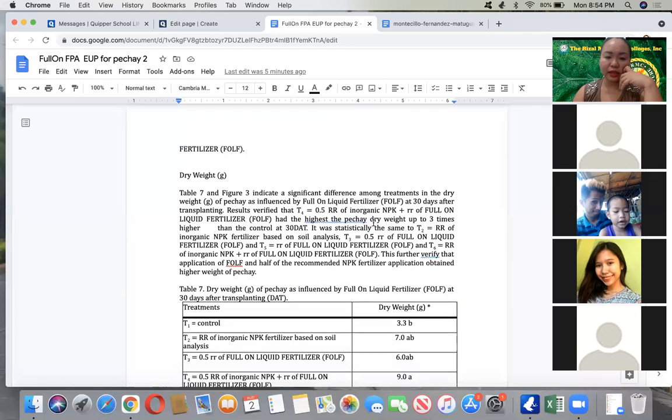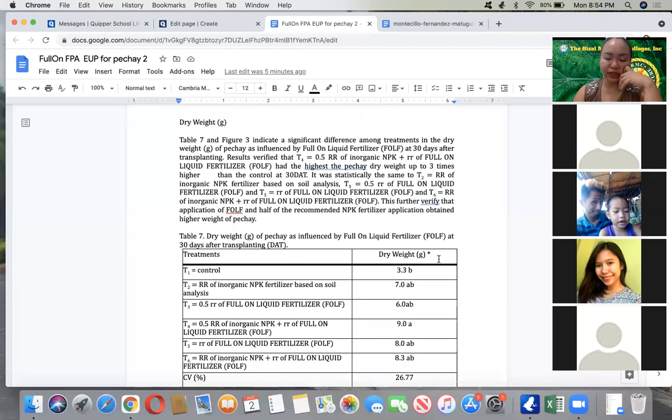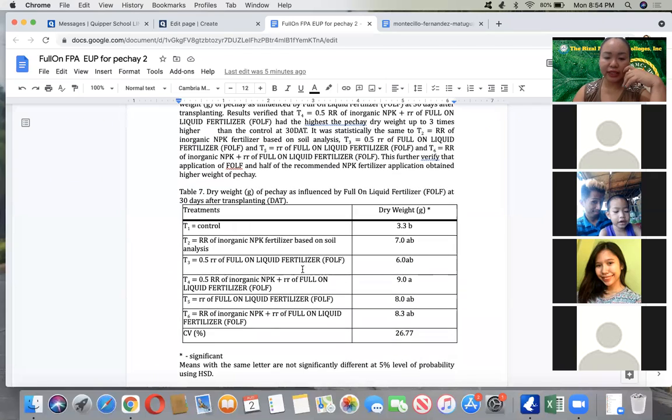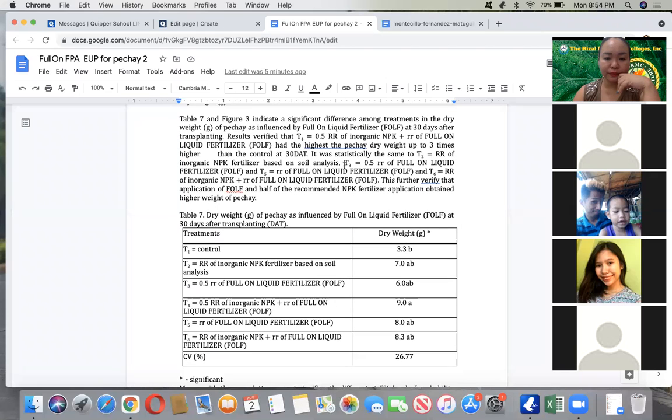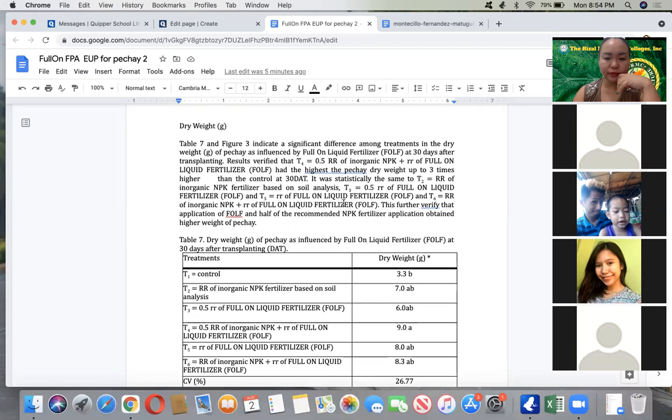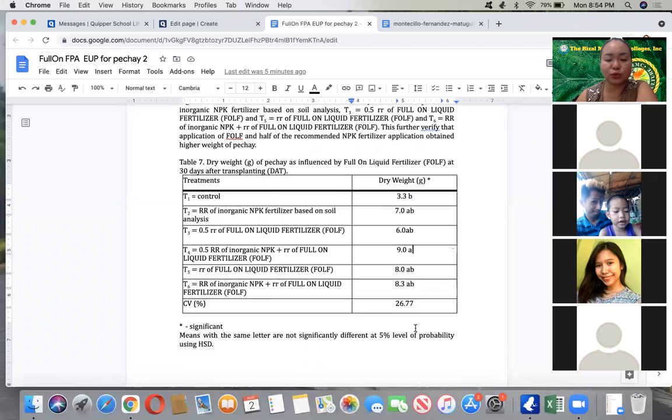Ayan. And dry weight also is significant. So as you can see here, treatment for yung half recommendation ng NPK with full recommendation ng FOLF is the highest, which is higher than or significantly different kasi B siya and then A sa control.